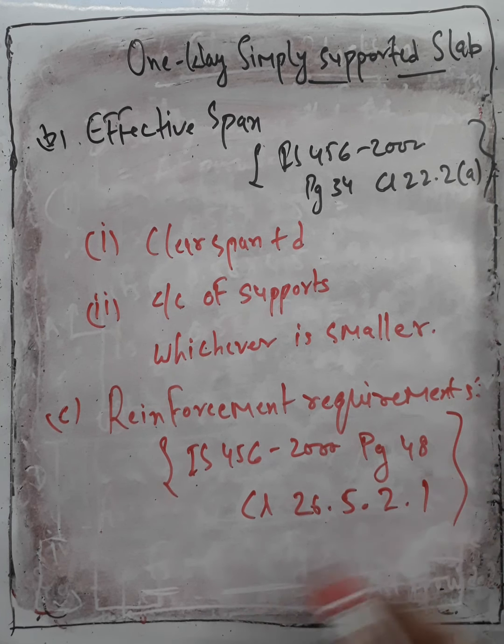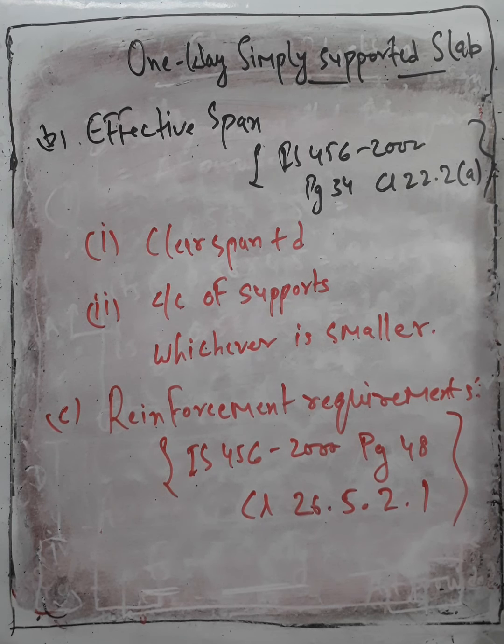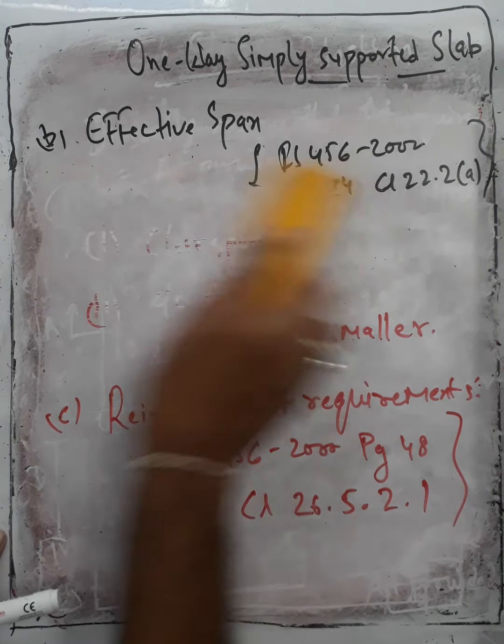Okay, so about the reinforcement requirement we have given in IS 456 2000, page number 48, clause number 26.5.2.1. In this we have given three things: minimum reinforcement, maximum diameter, and minimum diameter.